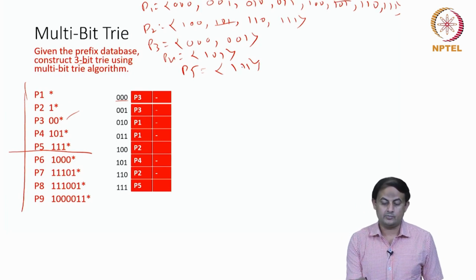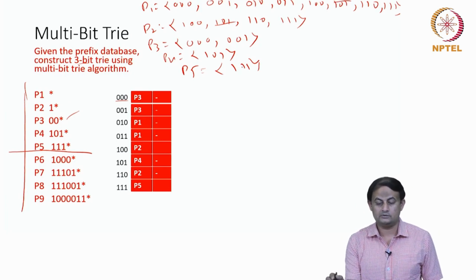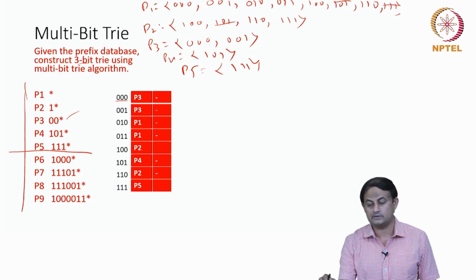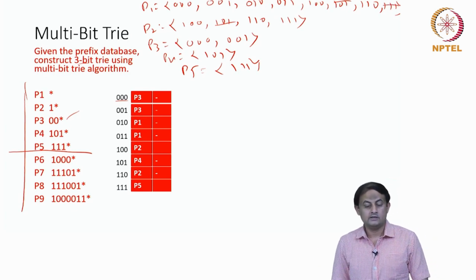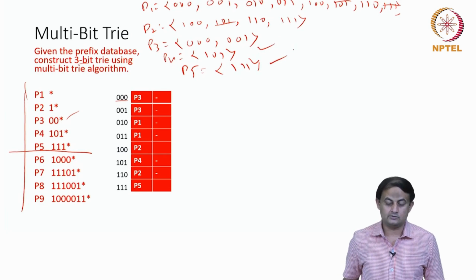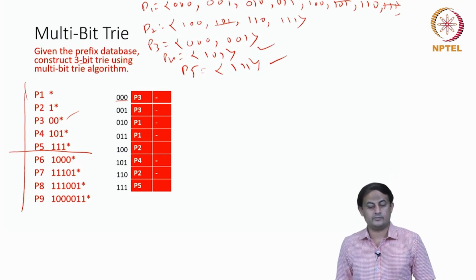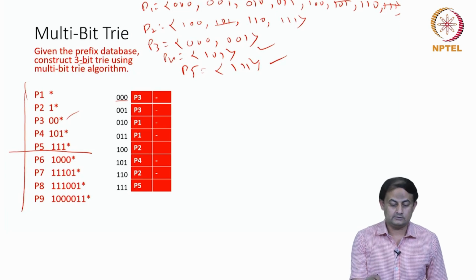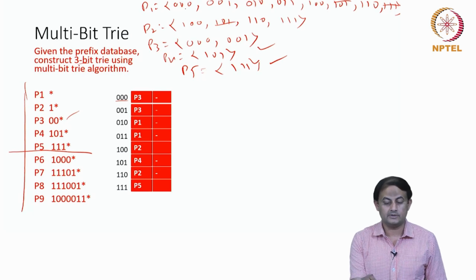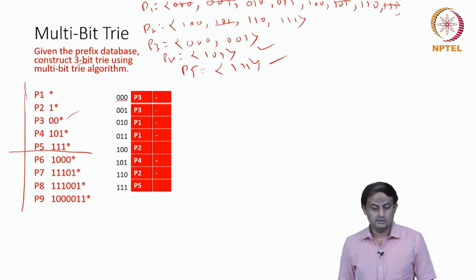And wherever you find 111, those cases also need to be cancelled, because P5 takes precedence over the other one. So P4 and P5 are 3 bits, so those are given the preference. And then 000 and 001 are given preference with P3, so 000 and 001 will cancel out from P1.